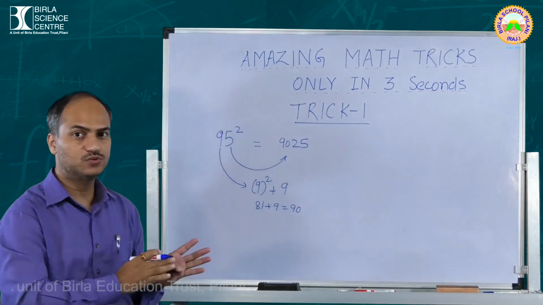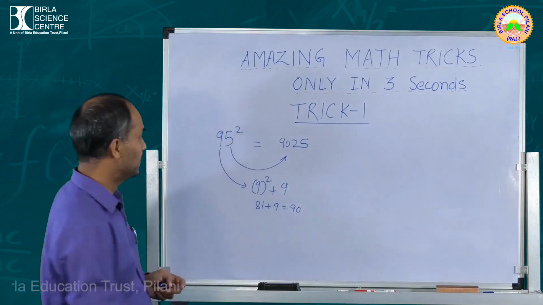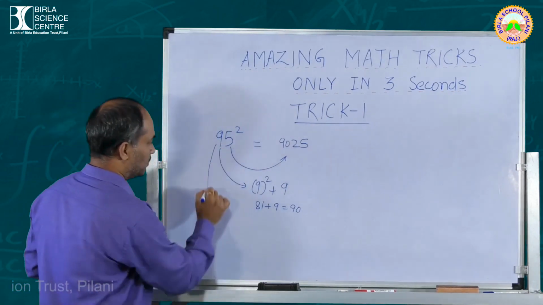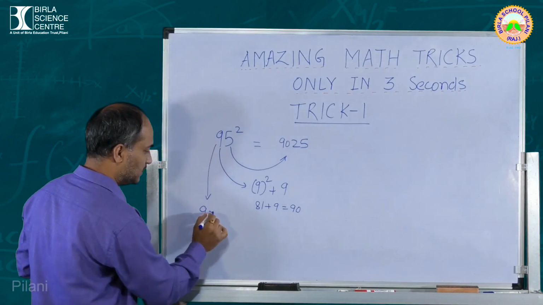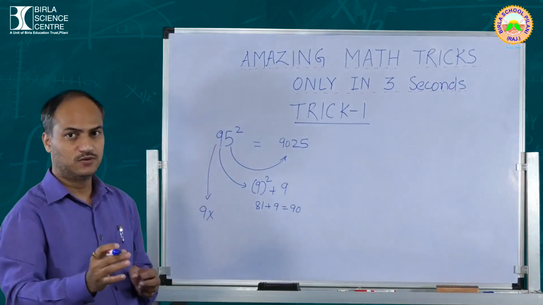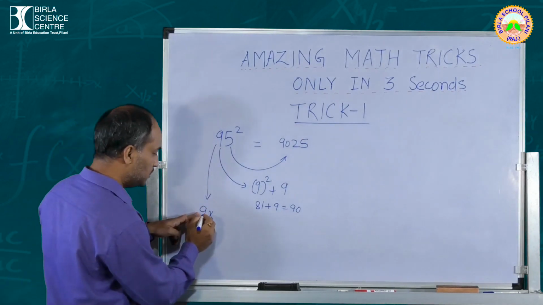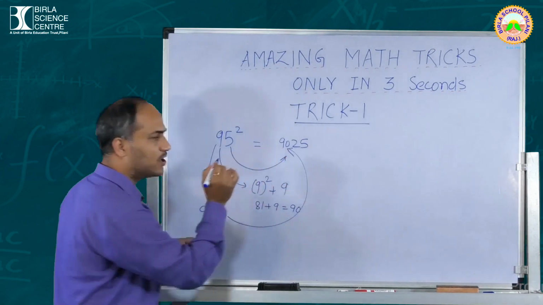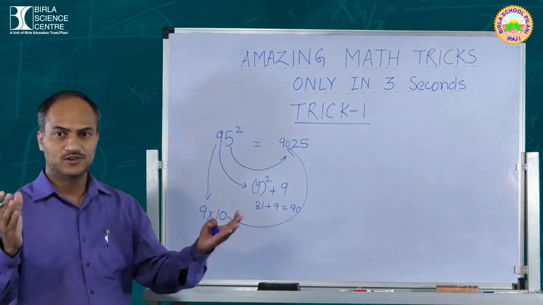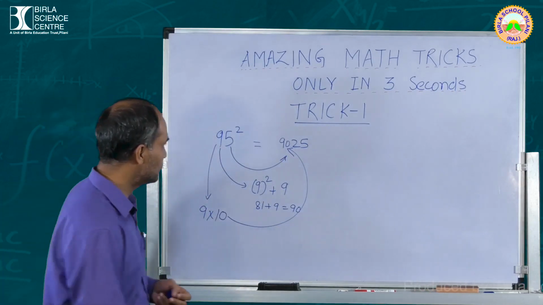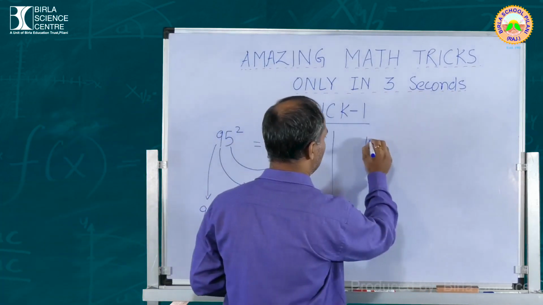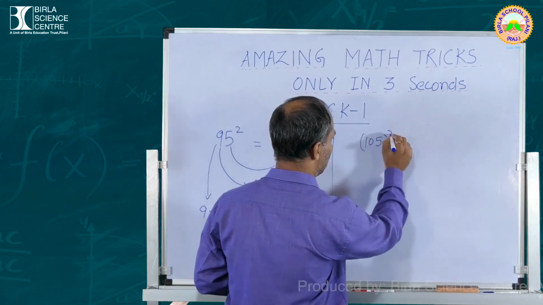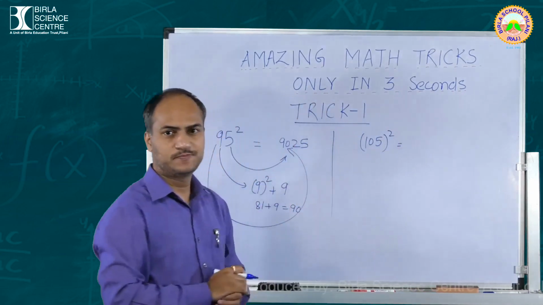You can also do this in one more way. If you multiply this digit by the next digit, it means 9 into 10, this will also give us the same output. Let us do one more question and understand. Suppose we have 105 and we want to square this.